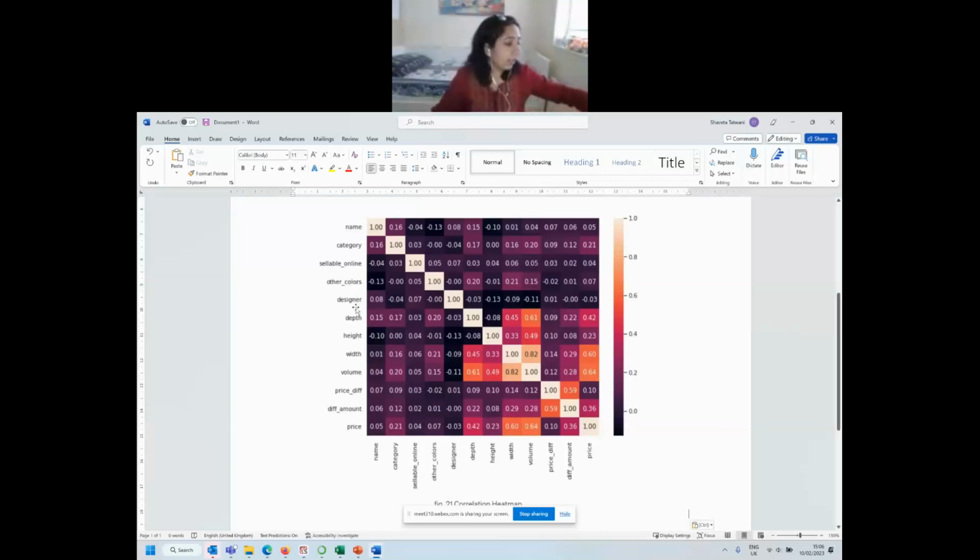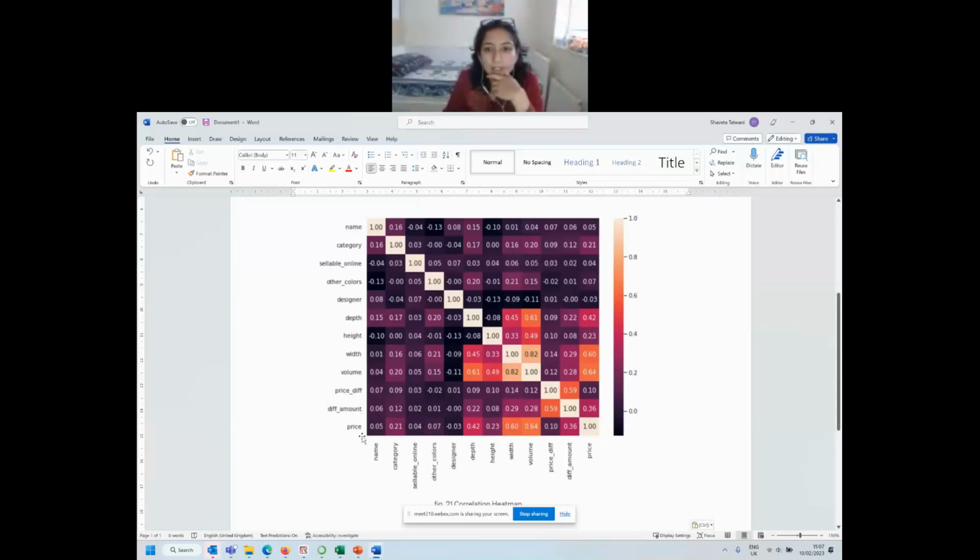Then the designer, if they have produced a designer series. Then the depth, height, width and volume of the product, the price difference in amount compared to the previous year, and then the price.